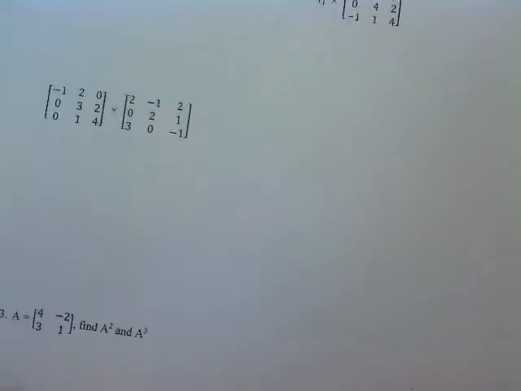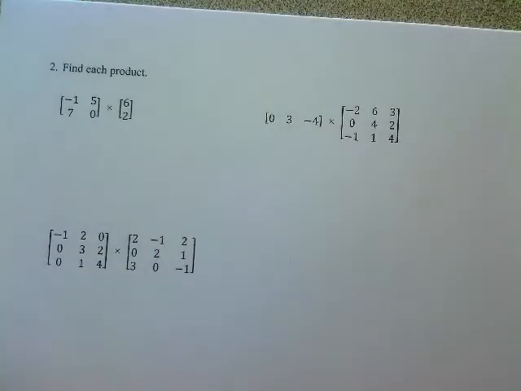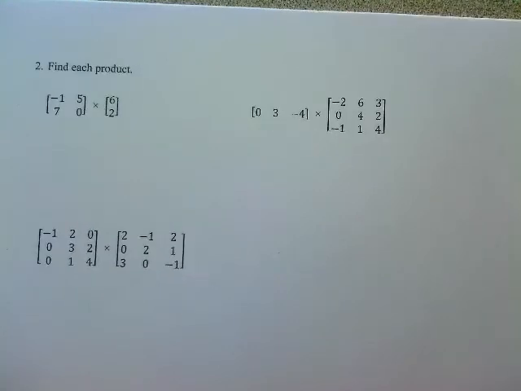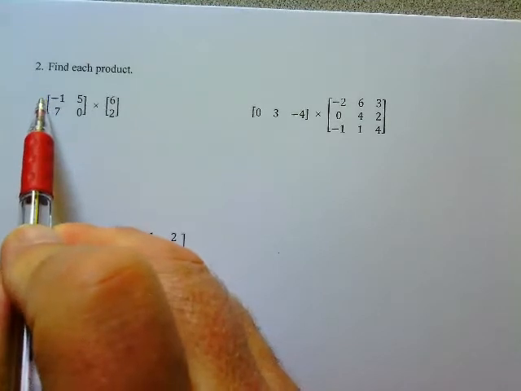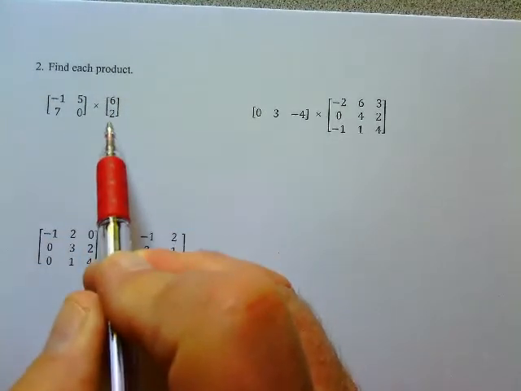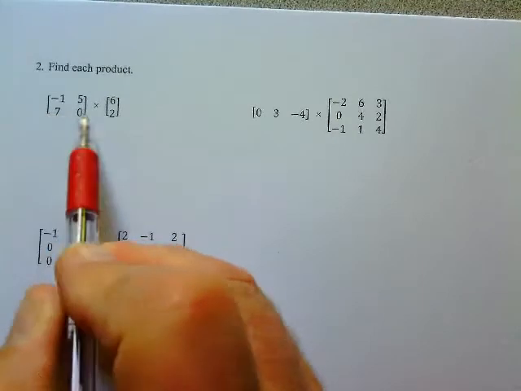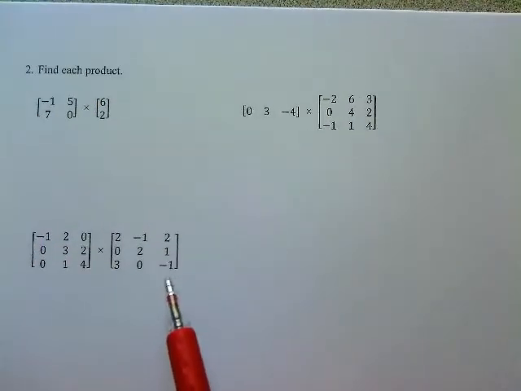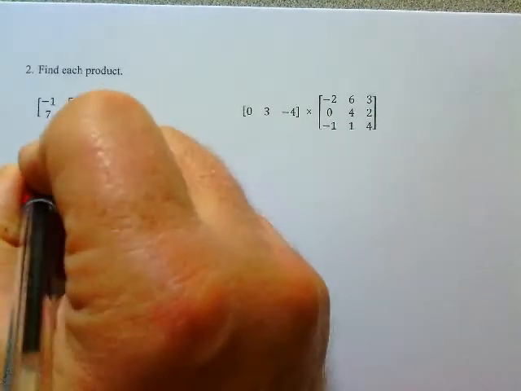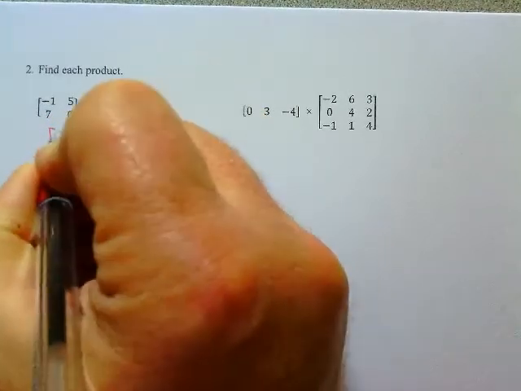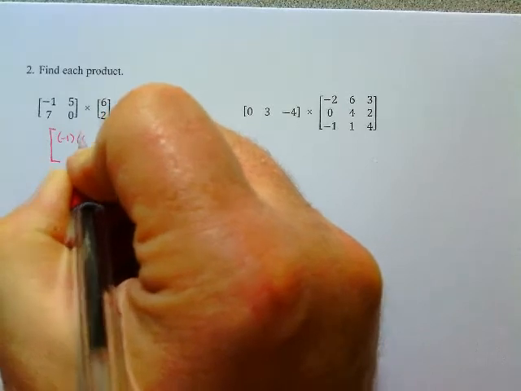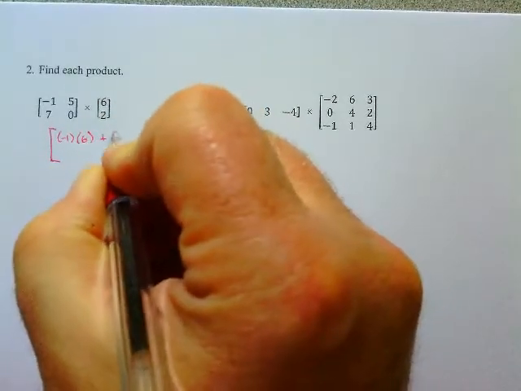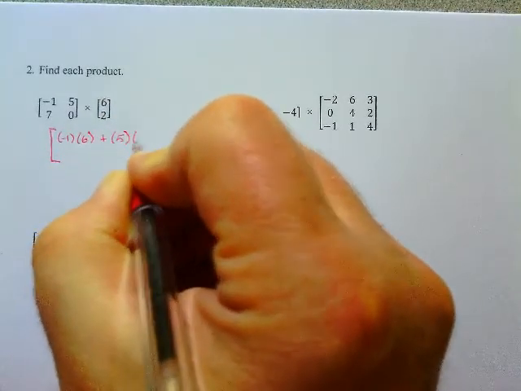All right, let's look at some multiplies now. So, again, the way this will work is this row times that column, and then this row times that column. So -1 times the 6 plus the 5 times the 2.